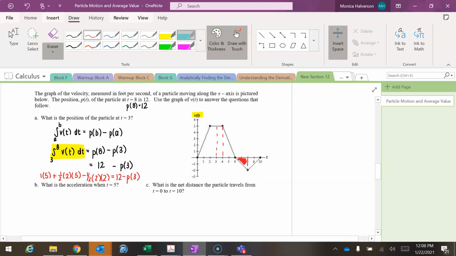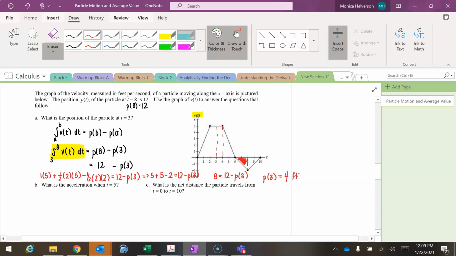Now, when we get that, we would end up getting 5 plus 5 minus 2 equals 12 minus P of 3. So we get 8 is equal to 12 minus P of 3. Therefore, P of 3 is going to equal 4 feet.